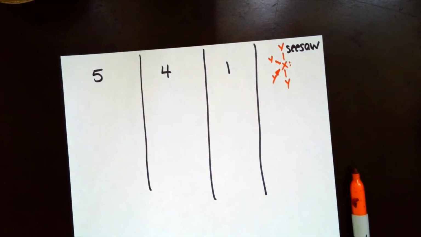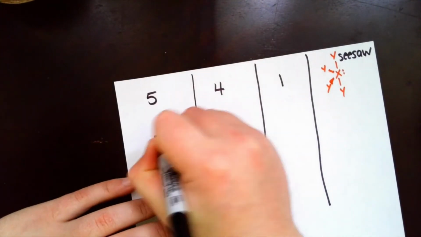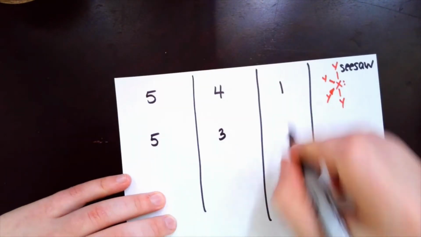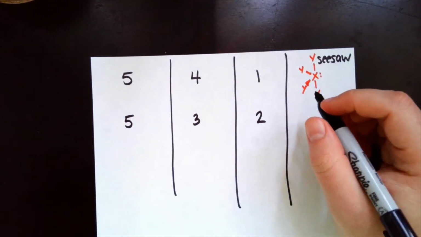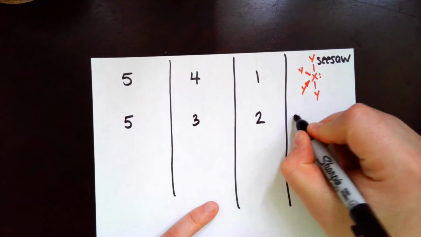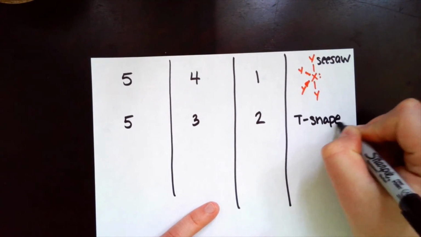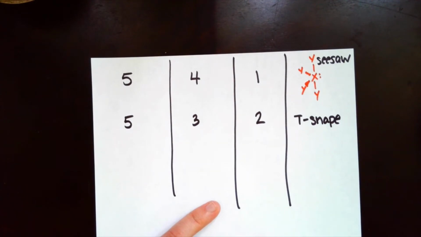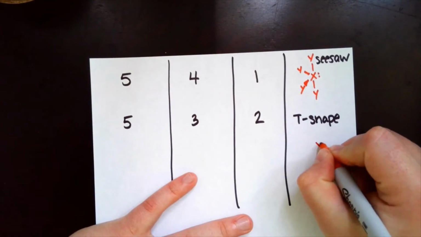So next is going to be 5 domains, 3 bonds, 2 lone pairs. And so what we actually get there is something that's called T-shape. So in this case, we're just going to take another bond from an equatorial position and turn it into a lone pair. About here.